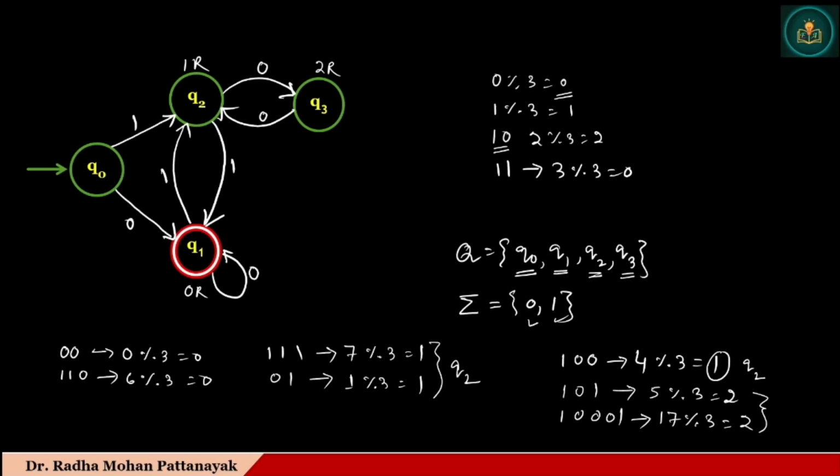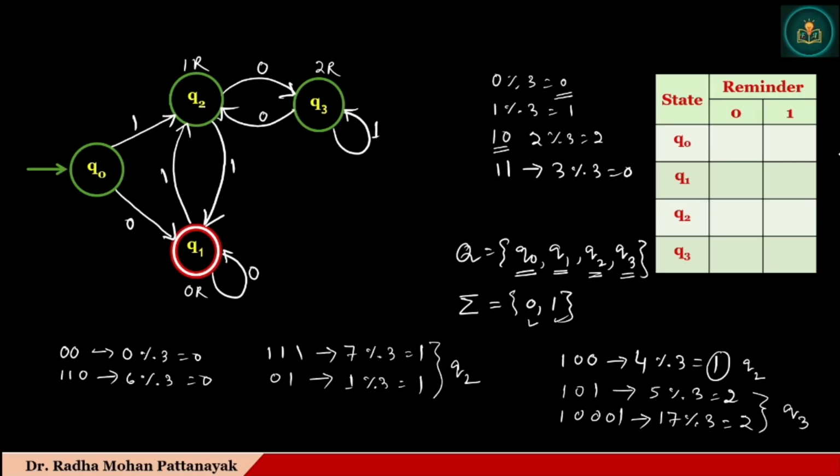What is our 2 remainder state? That is Q3. So if you read 1 as input on Q3, then it is ending at Q3 only. Clear? Now it is the complete DFA figure because every state consumed both the inputs 0 and 1.